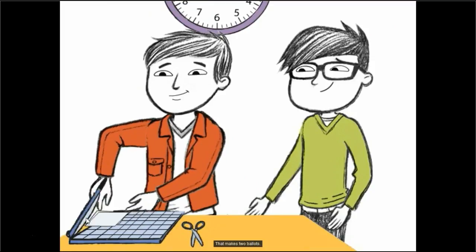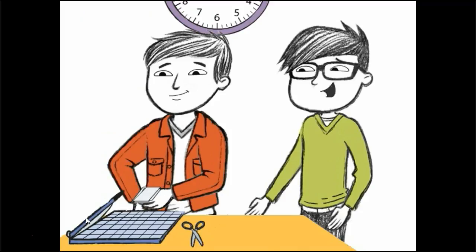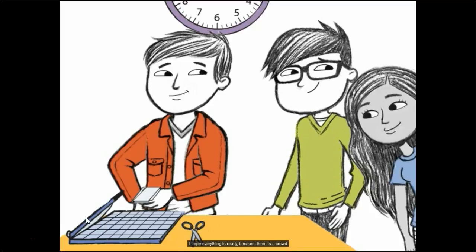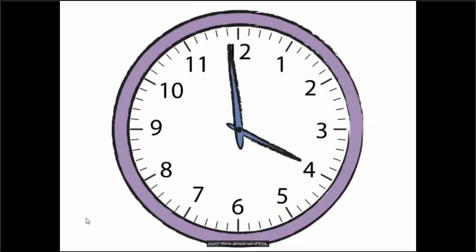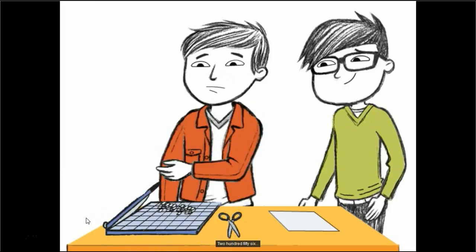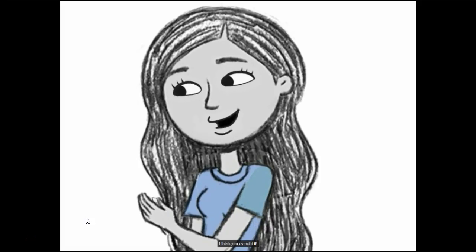That makes 2 ballots. 4. I'll record the results in a table. Then we can predict the number of ballots after any number of cuts, so we know when to stop. I hope everything is ready, because there's a crowd at the end of the hallway heading this way. Hurry! We're almost out of time. 256. I think you overdid it. How many cuts did you make?